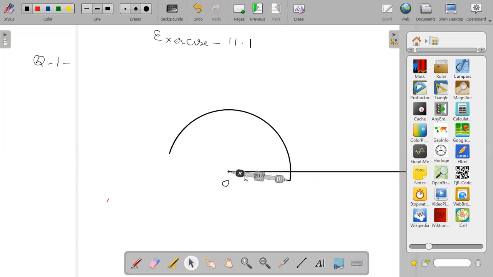So draw an arc, put at this point, another arc with this point.